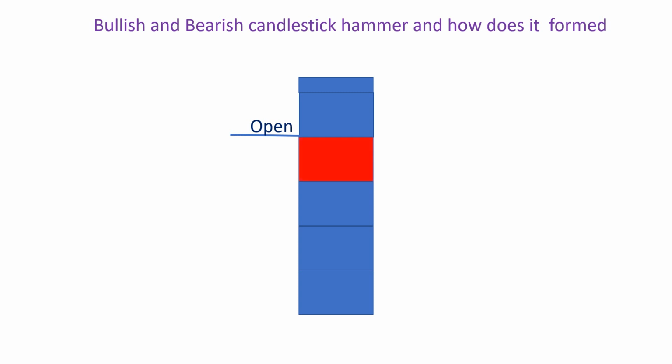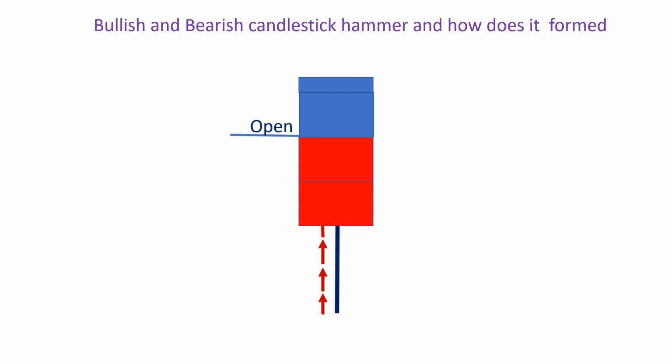Now, you see that the sellers are in the market pushing the price down. Now it pushed the price all the way down, and again it got rejected by the buyers. So the buyers are strong in the market that they reject the price.